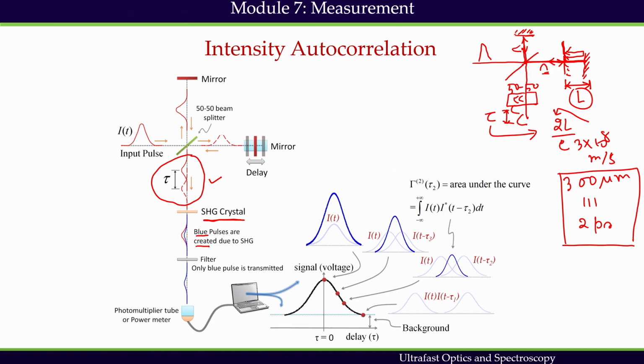So in the intensity autocorrelation measurement, we filter out 800 nanometer, that is the fundamental beam, and with the help of a photomultiplier tube or a power meter, we just check the total second harmonic generation energy. Because we are looking at second harmonic generation, it is called SHG intensity autocorrelation.